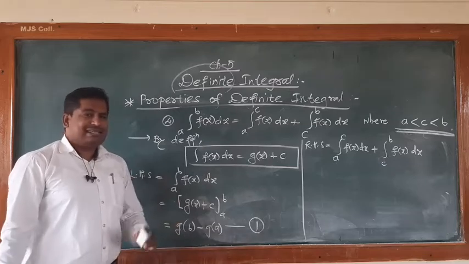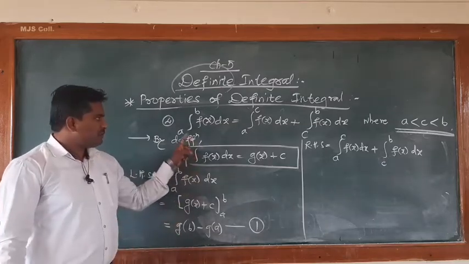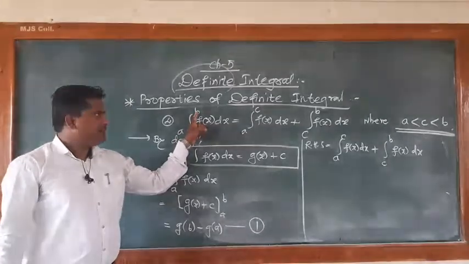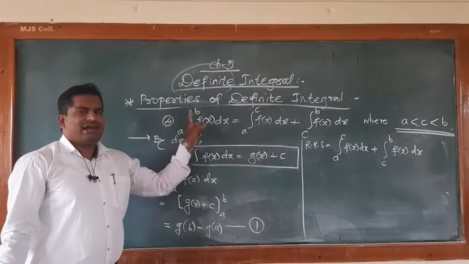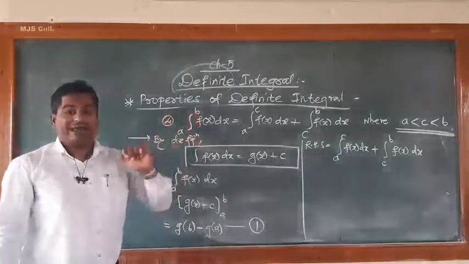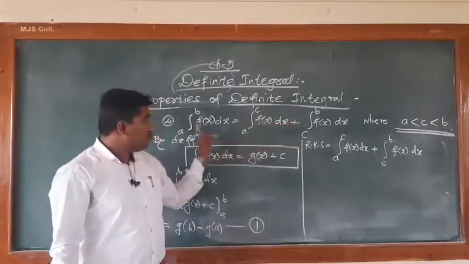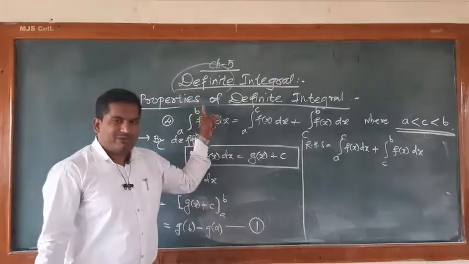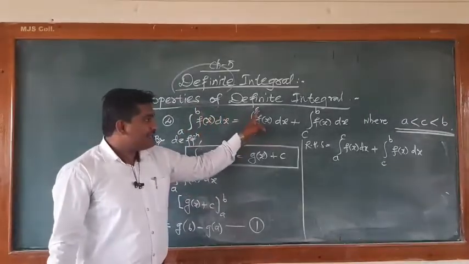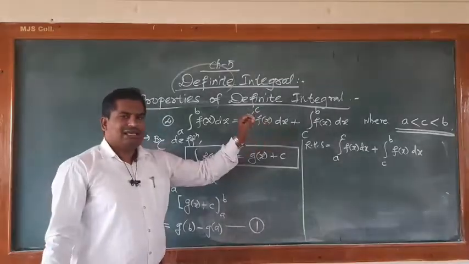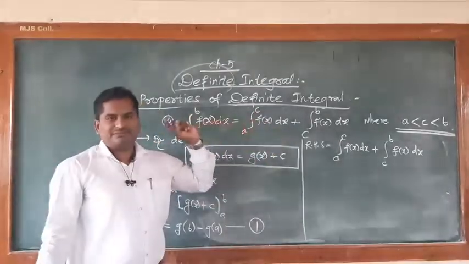That means this property states that the interval from lower bound a to upper bound b is broken by c, taking c between a and b.